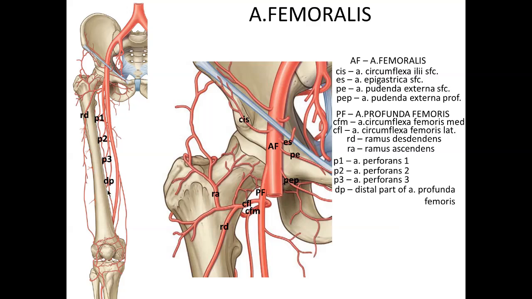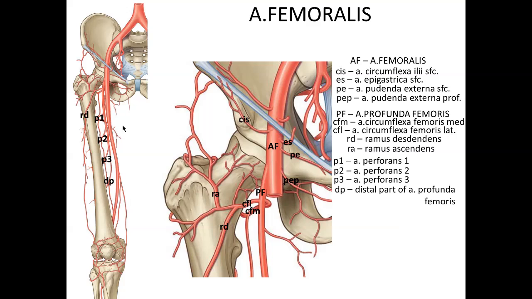Now let's discuss the biological role of these four vessels: perforans prima, secunda, tertia, and distal part of profunda femoris. Why do we need to have these arteries in our organism?